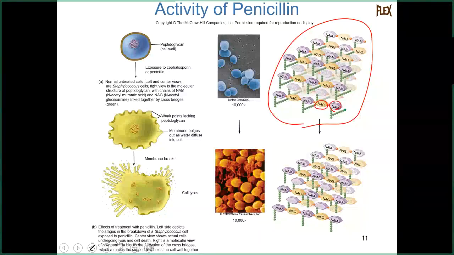These are the substances NAM, which is acetylmuramic acid, and NAG, which is acetylglucosamine. Those are two organic, ring-shaped molecules that are major building blocks of peptidoglycan. You can see that they alternate. So you've got a NAM and a NAG and a NAM and a NAG.